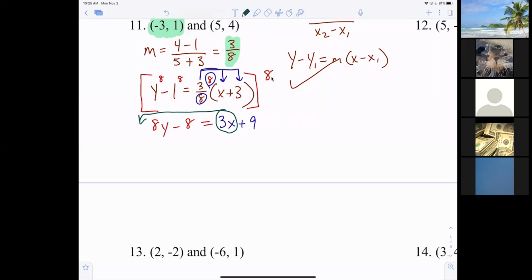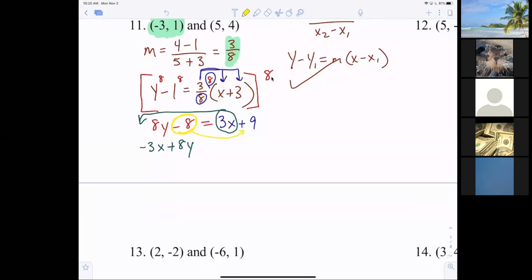Negative 3x plus 8y. Now I'm going to take the negative 8 and move it over to the other side. And when I move it over to the other side, it becomes what? 17. Or 9 plus 8, which is 17.